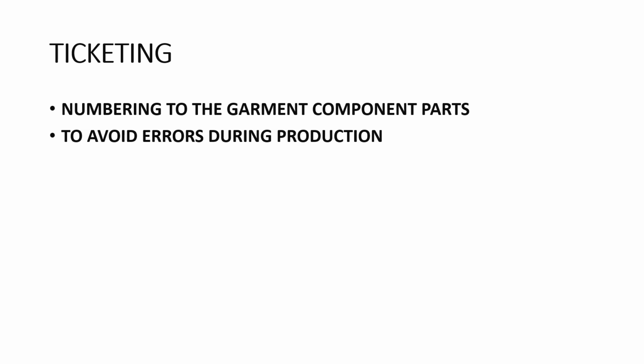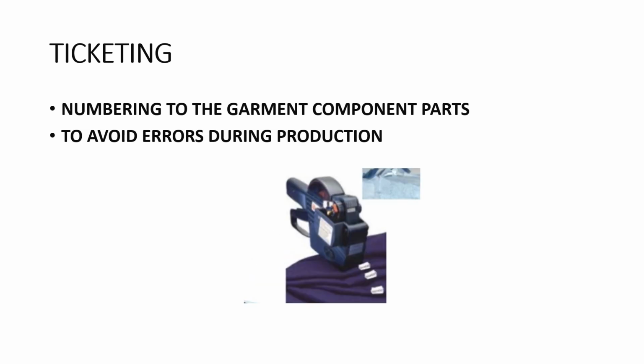It is given to avoid the errors during the production. Different component parts, if they are marked properly and numbered properly, then the sequence will be there. One can understand, yes, this particular component belongs to this particular garment. So errors during production will be minimized by the ticketing method.